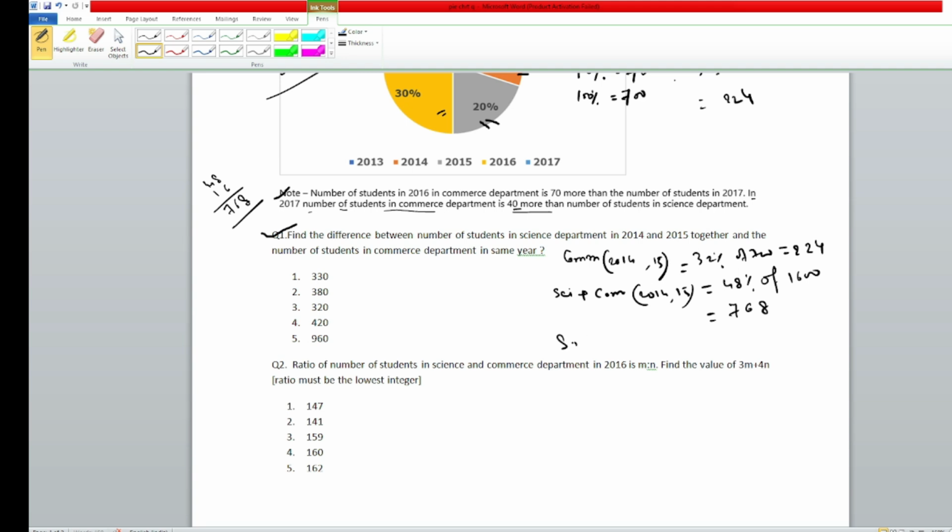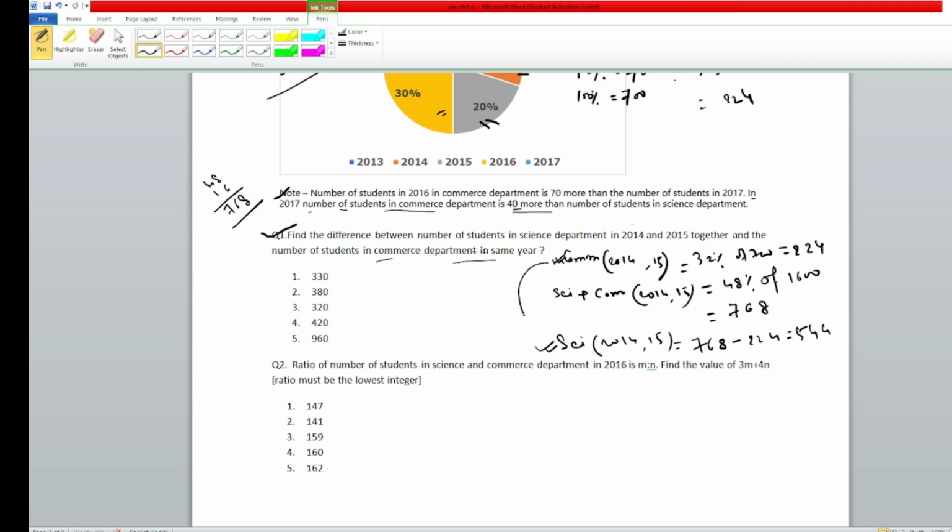So only science in 2014 and 15 will be 768 minus 224, which gives 544. This is only science in 2014 and 15, and 224 is only commerce in 2014 and 15. The question asks for the difference between the number of students in the science department and the commerce department in the same years, that is 2014 and 15.